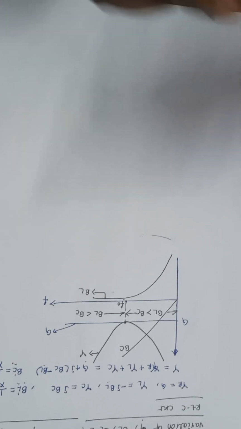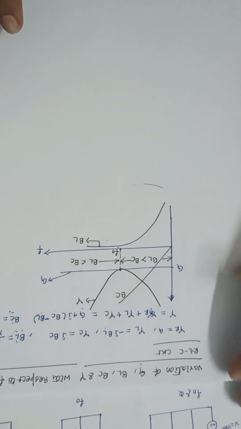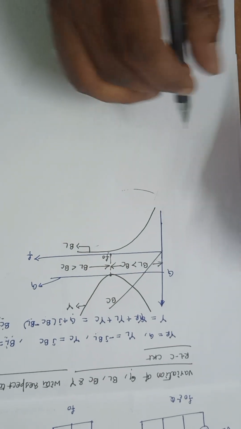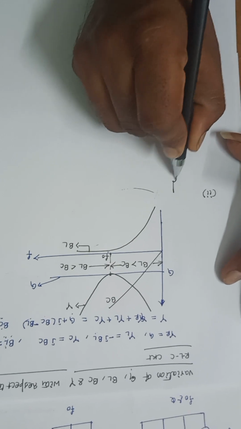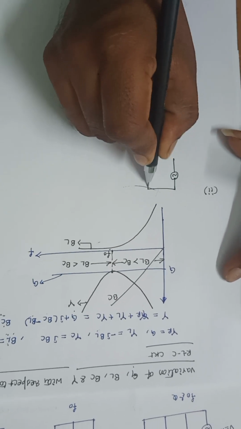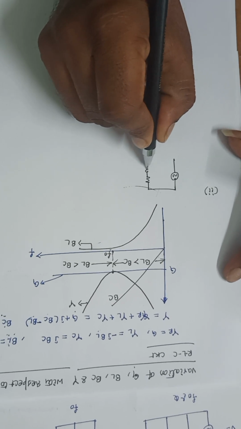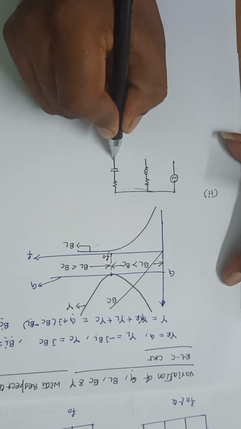The next circuit here is another parallel RLC circuit. Let me draw that circuit here. That is the second one. It has R, L, resistance and capacitance.